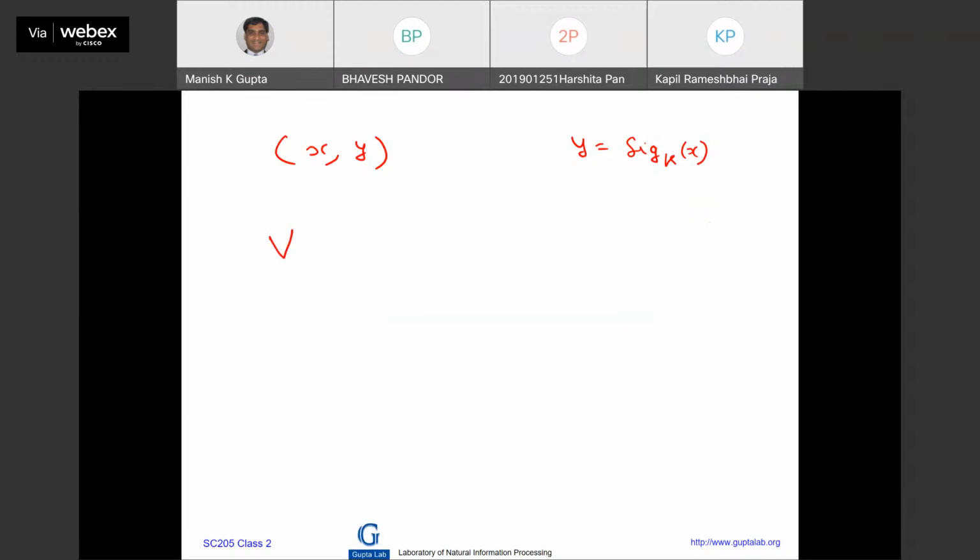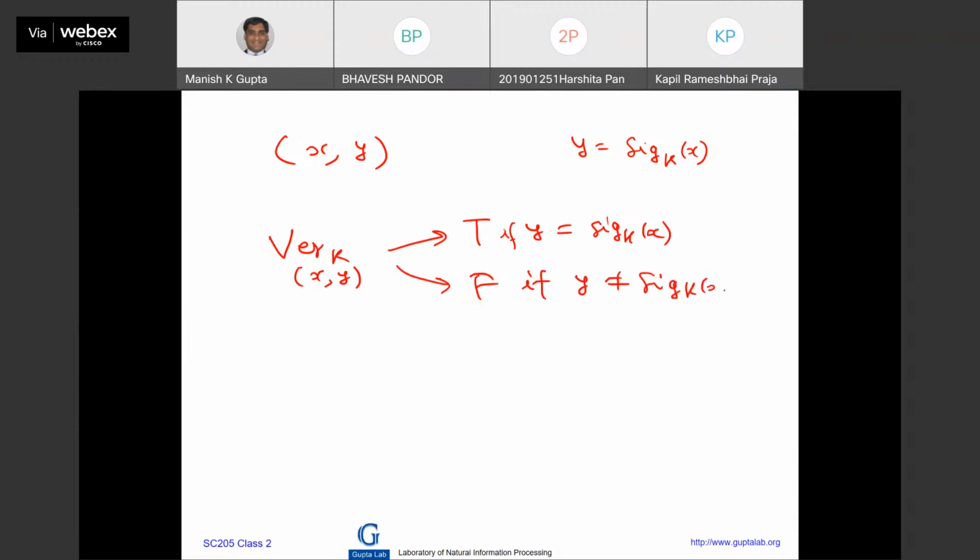Normally we transmit this message x and the signature y, which is a function of x. Somebody who wants to verify will apply the verification function on x comma y. It is true if y is the signature of x, and false if y is not equal to the signature of x.